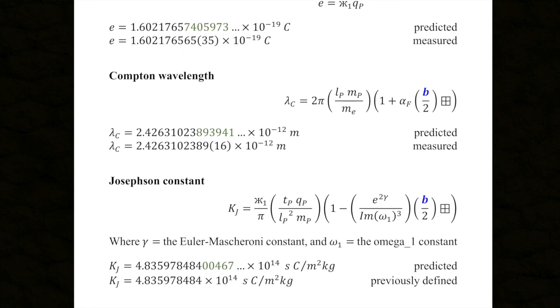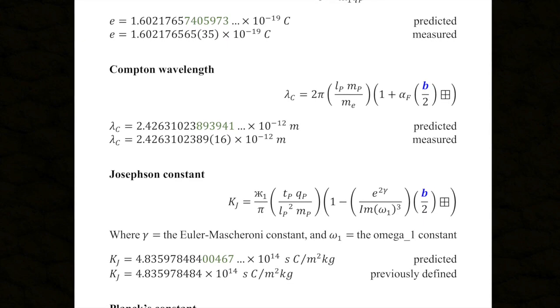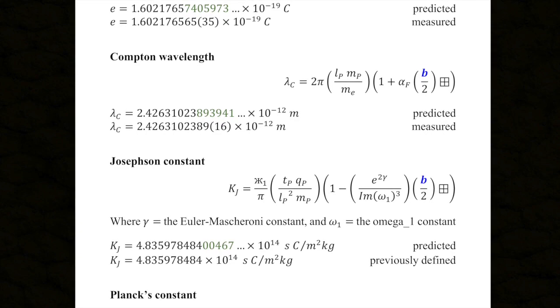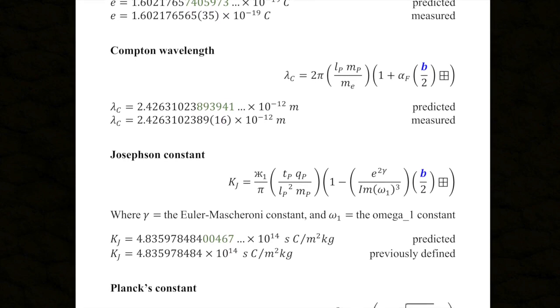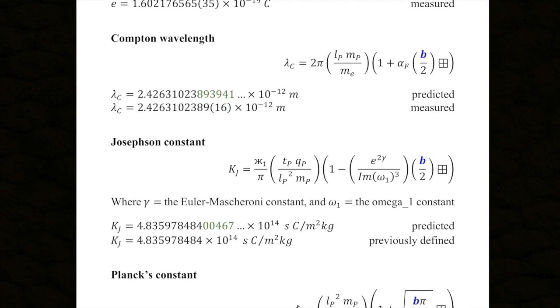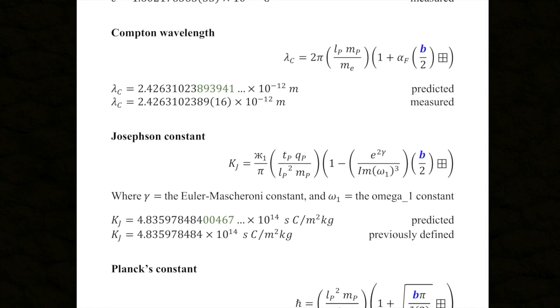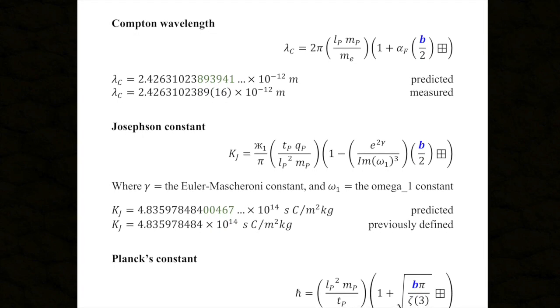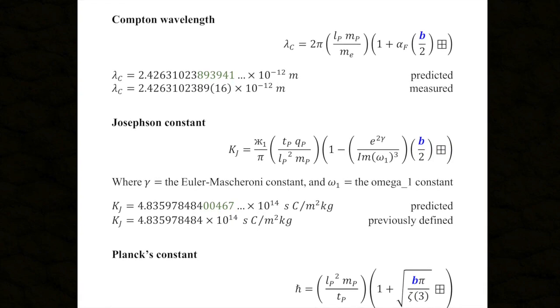The Josephson constant is equal to G1 over pi, that's its primary action, and its intersection of boundaries are the Planck time and the Planck charge divided by the Planck length squared and the Planck mass. The terminal action of this balance is equal to 2 things. One, like above, b over 2.